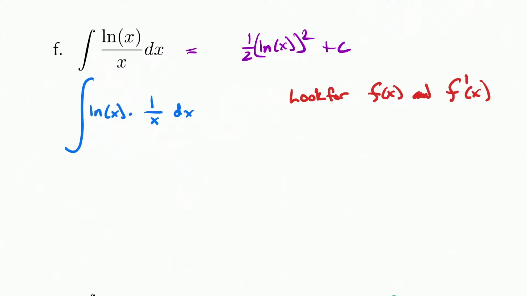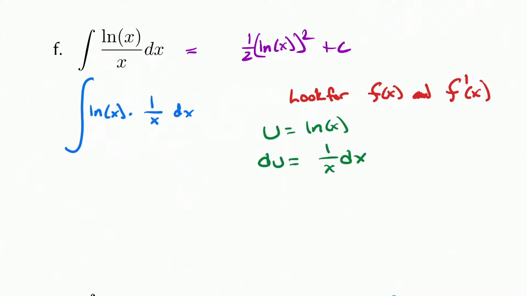What's the function and what's the derivative here? Does anyone see it? Yeah, what do you think, Hayden? Yeah. No, you had it right. Function is ln of x. Let me write it down as a substitution. So you have u is equal to ln of x, and it's exactly what you suggested, that the derivative is 1 over x.